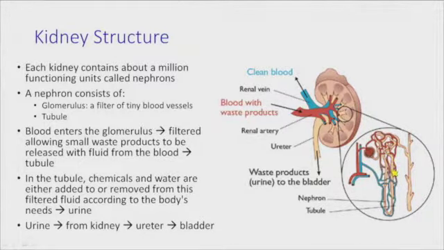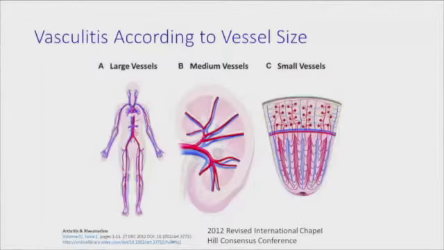In the tubule, chemicals and water are either added or removed from this filtered fluid, depending on what our body needs at every time. The result of this process is what we know as urine. The urine goes to a larger tubule, and it flows from the kidney where it is formed to the ureter, and from there to the bladder, and is finally released from the body.